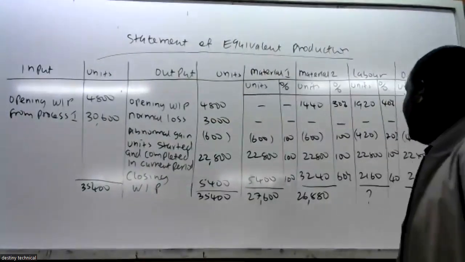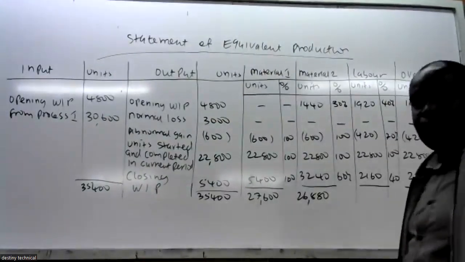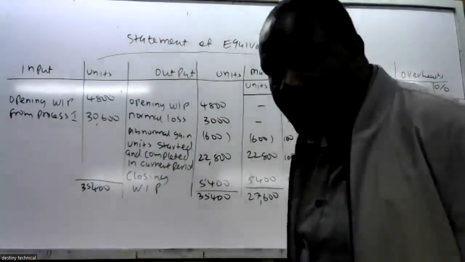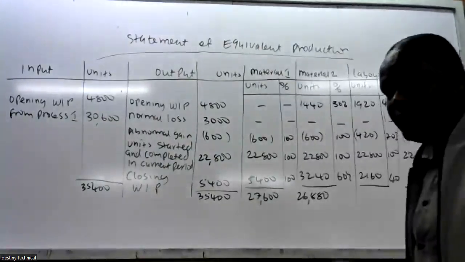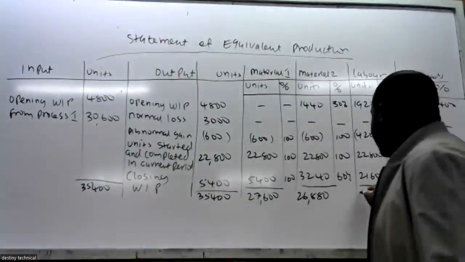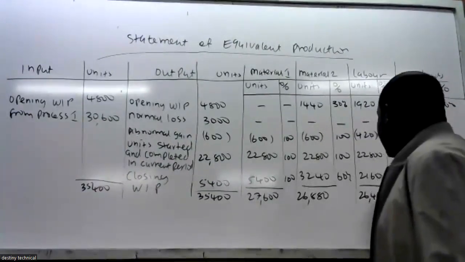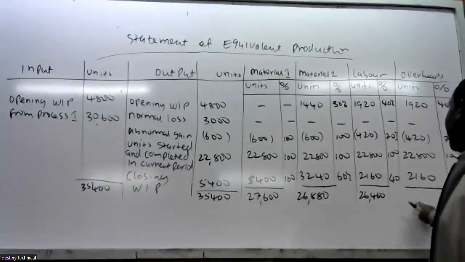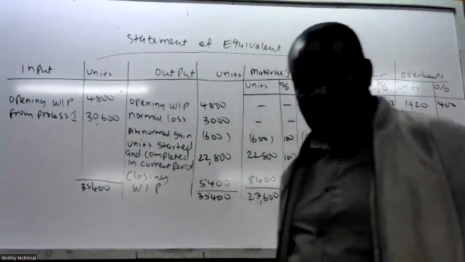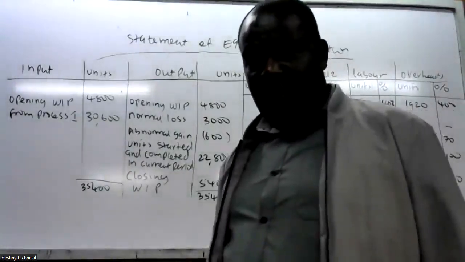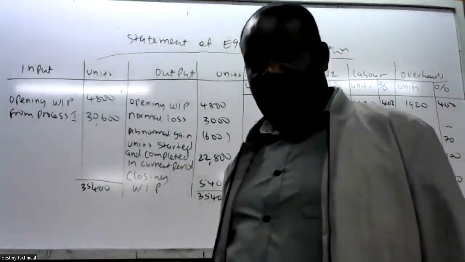Then labor was which here? 26,460. Overhead, is it the same? Also 26,460.